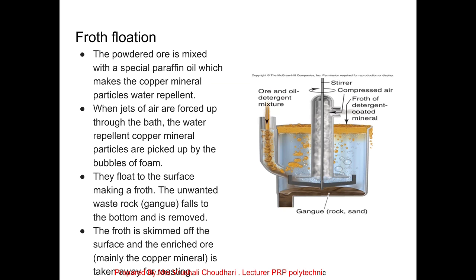The unwanted waste gangue falls to the bottom and is removed. The froth is skimmed off from the surface and it is a good source of copper mineral, while the other impurities, the gangue, are separated at the bottom.